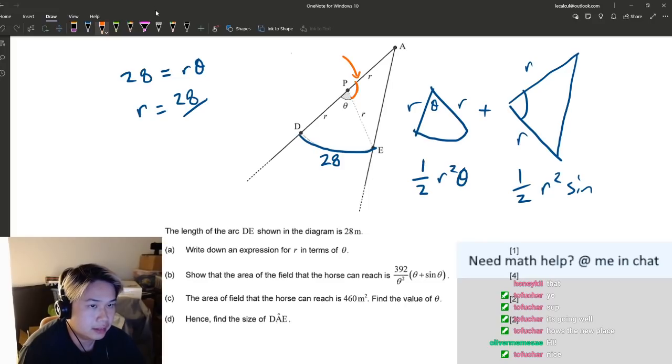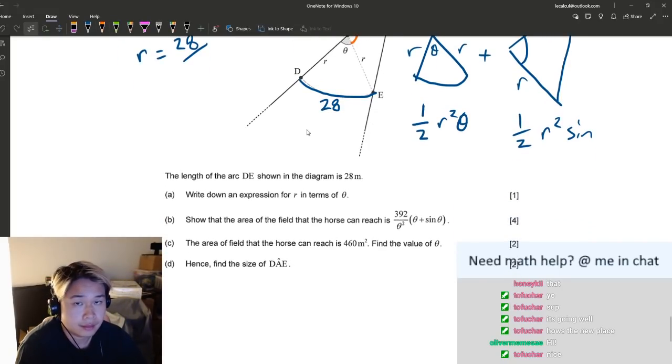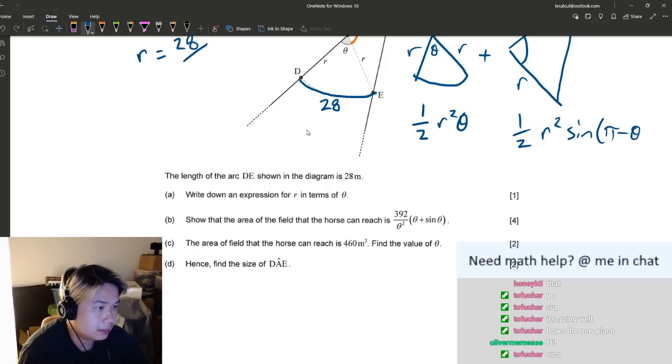So together, orange and, well, this has to be pi minus theta because these two together make pi. So this is pi minus theta. Okay. So we add these together.